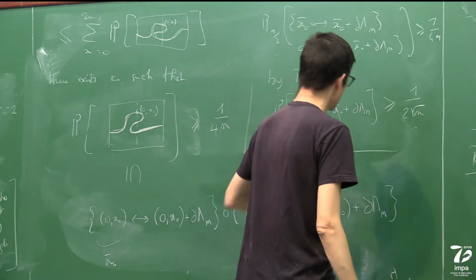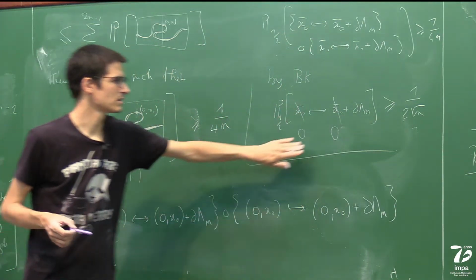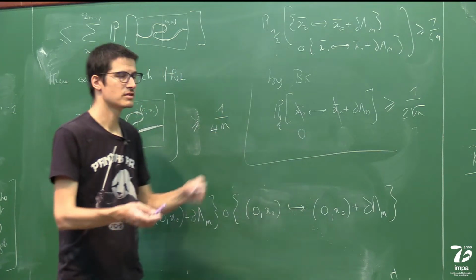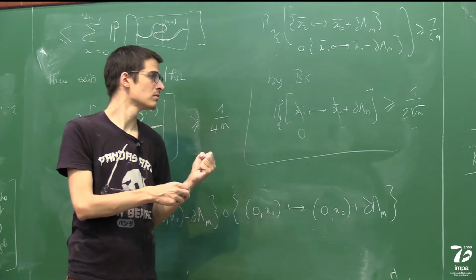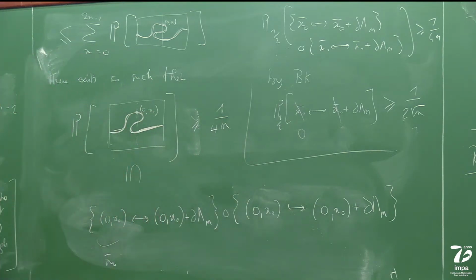Here, by translation invariance, we can just shift everything back to the origin. So we get something, but with a power which is just half of what we had before.